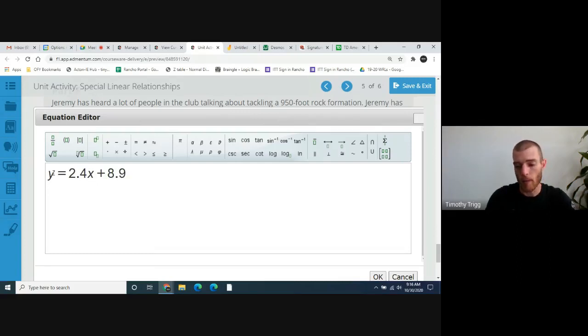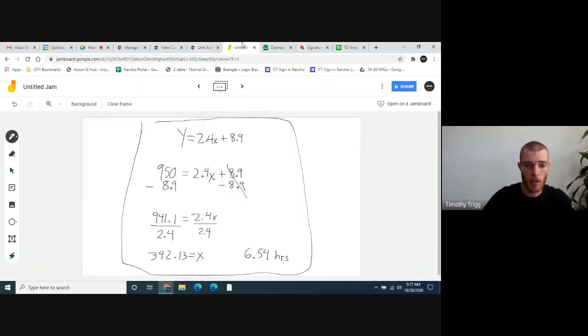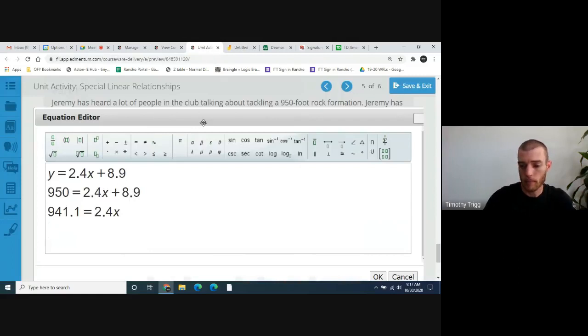And I replace the y with 950. And then I subtracted 8.9 from both sides. So that gave me 941.1 equals 2.4x. Then after dividing by 2.4 on each side, that gave me 392.13.